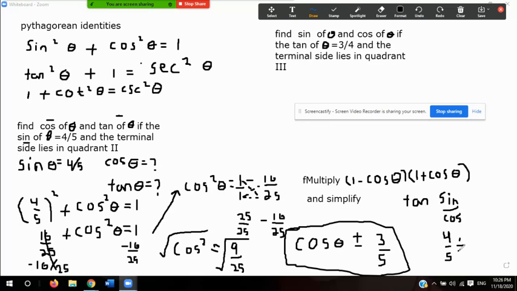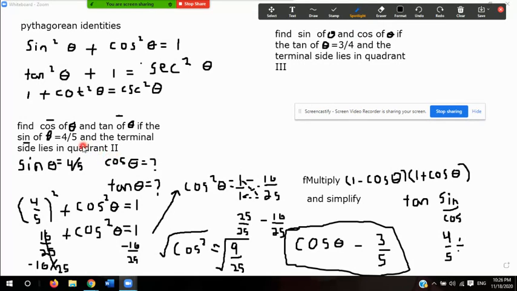Now, one thing I forgot to do here is that in this case, the cosine is going to be -3/5. The reason why the cosine is -3/5 is because they're saying that the terminal side is in quadrant 2.